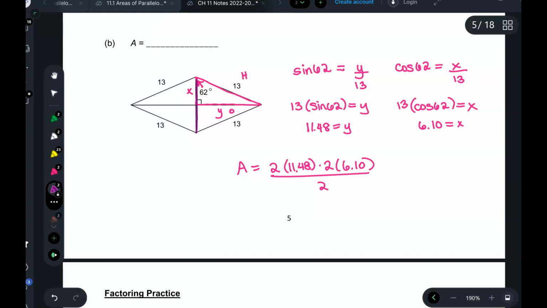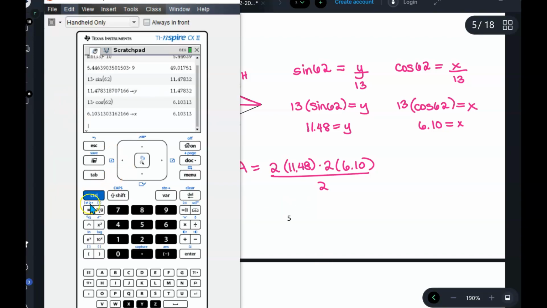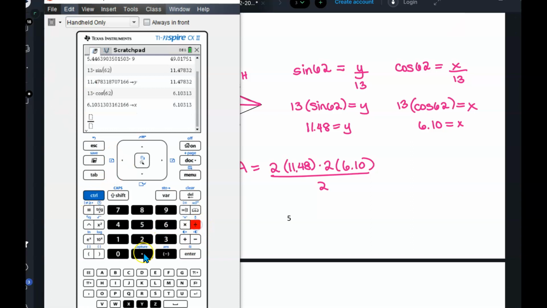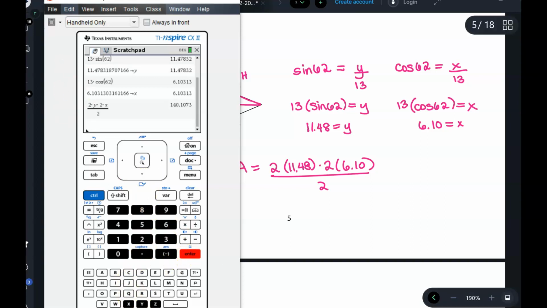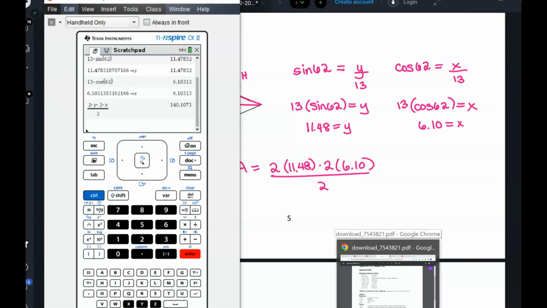Now remember, you already have X and Y stored. So if I just do 2Y times 2X and divide by 2, that's going to be the most precise answer, because I have Y and X already stored.